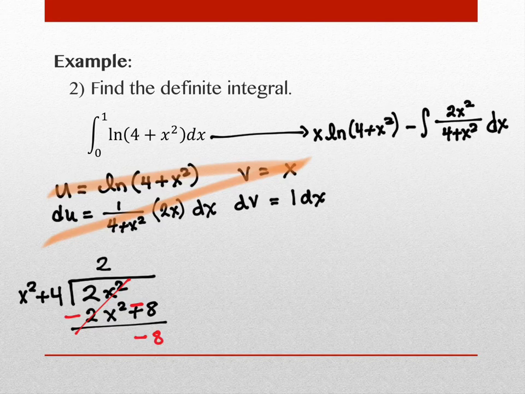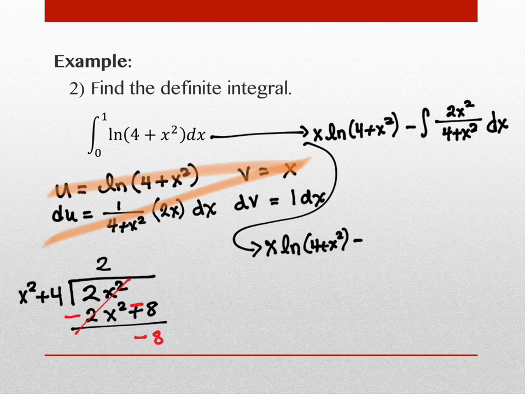So this expression that I previously had that said x ln 4 plus x squared, that part stays the same. But the previous part that said the integral of 2x squared over 4 plus x squared will now be the integral of 2, and then it'll be minus 8 over 4 plus x squared dx.